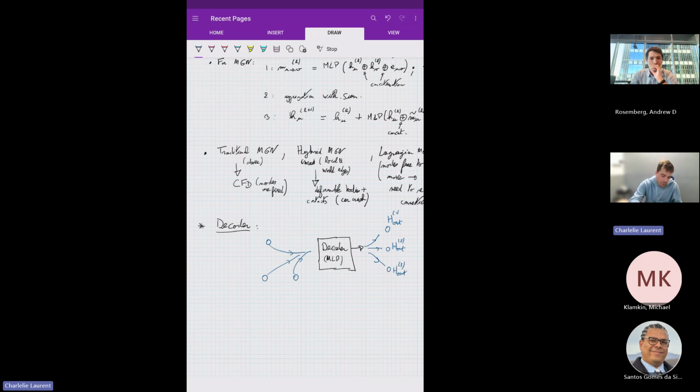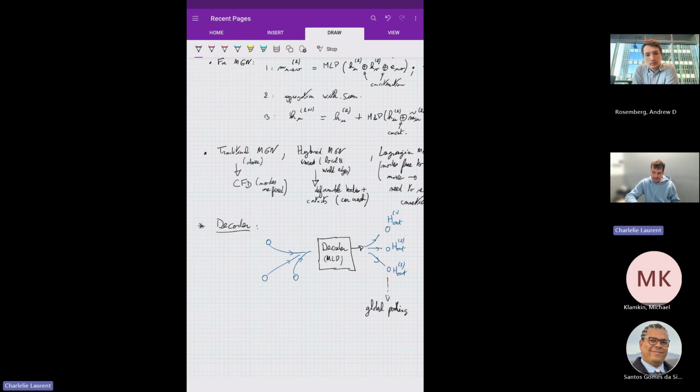Then, if you want to create a global property of the graph, maybe one or two scalars, something that takes the entire graph as input, you can use a global pooling from Torch Geometric.